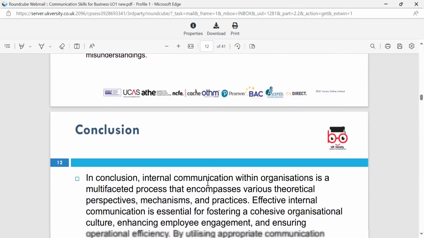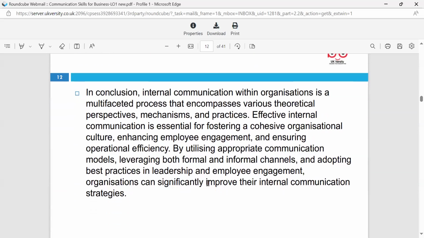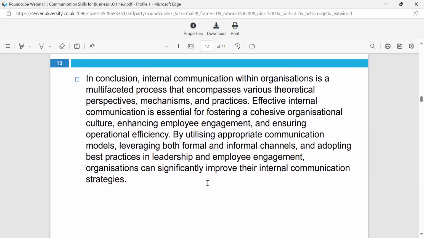And in conclusion, internal communication within organisations is a multifaceted process that encompasses various theoretical perspectives, mechanisms and practices. Effective internal communication is essential for fostering a cohesive organisational culture, enhancing employee engagement and ensuring operational efficiency.